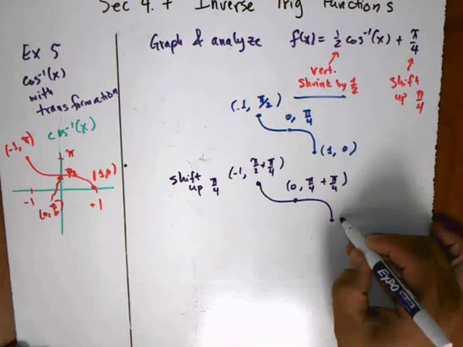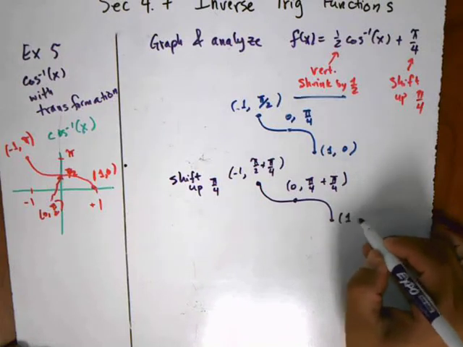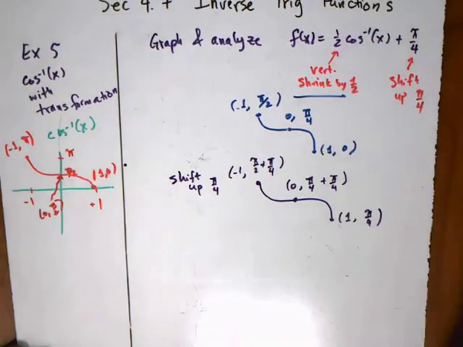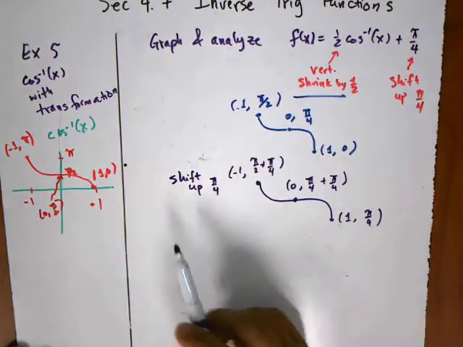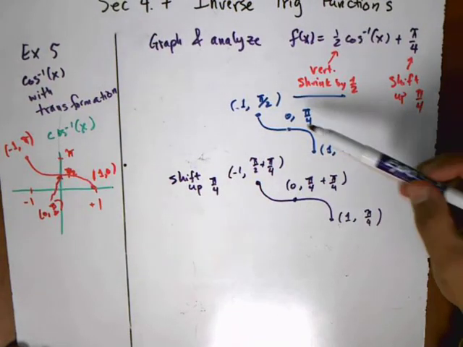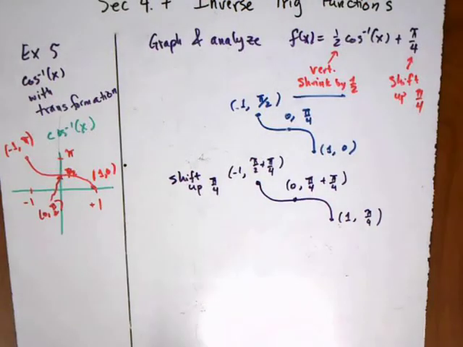And the point on the right becomes 1, 0 plus pi over 4, or just pi over 4. So I'm taking all of the y values and adding pi over 4 to them. Now we have enough information to put all of this on the graph.